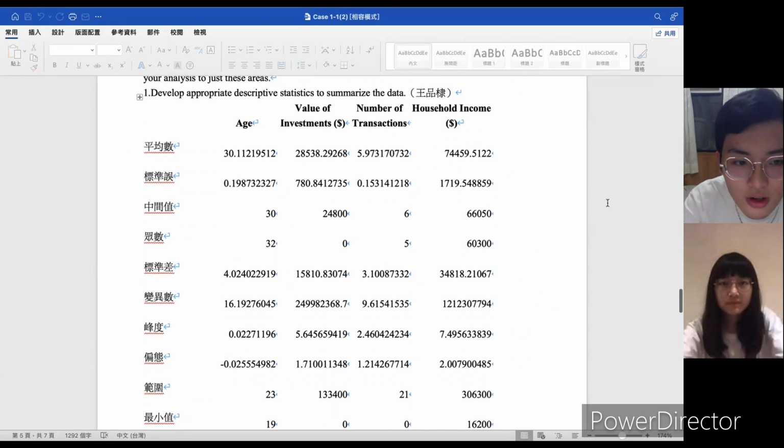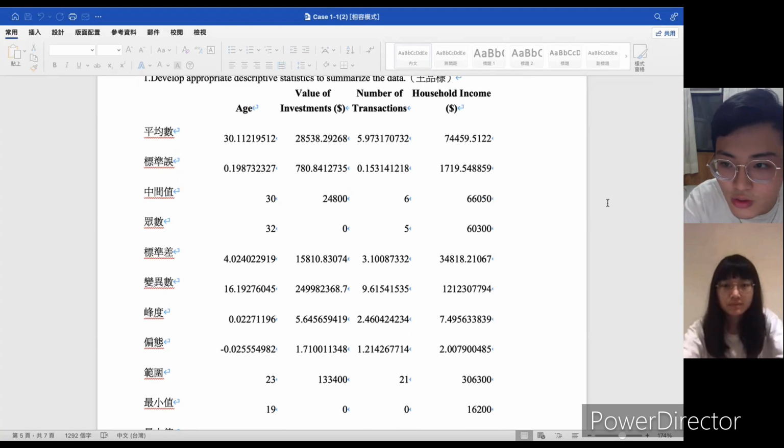And for question 1 of problem 2, according to the descriptive statistics, we get the picture below.